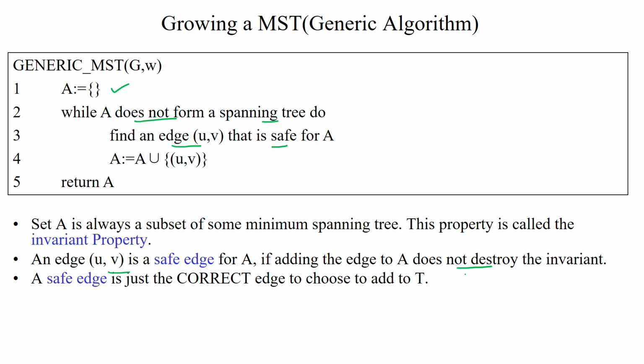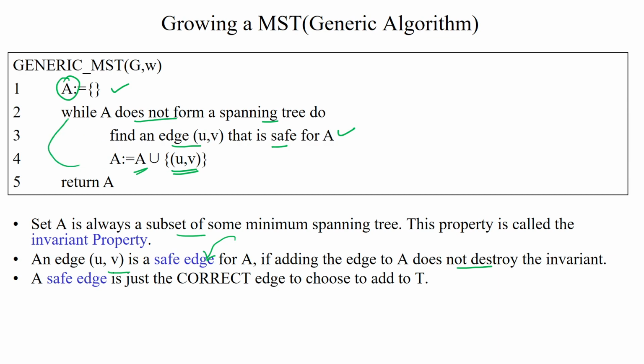The invariant property means that the edge you select and add into the minimum spanning tree should follow the property of a spanning tree: it should not form a cycle, and it should give the minimum cost. That edge is called a safe edge. If it is safe, you can choose that minimum cost edge, and since it does not form a cycle, it is added into the given set of vertices and set of edges.